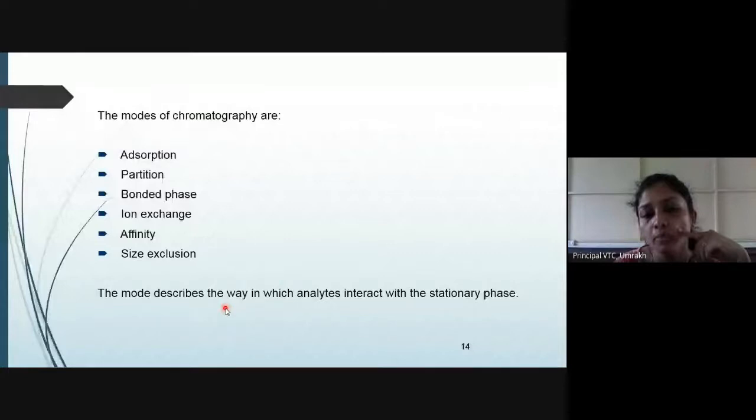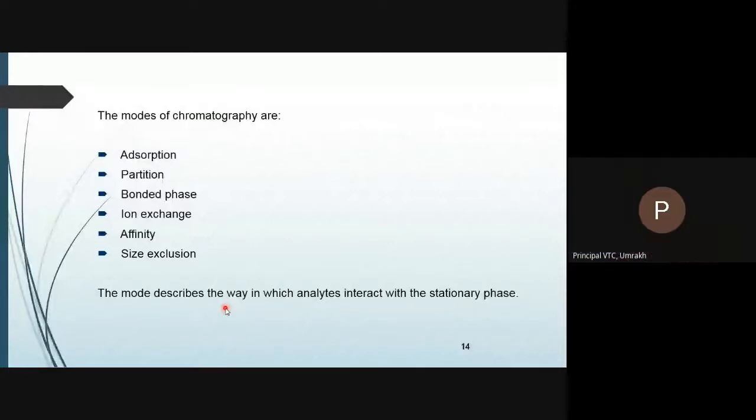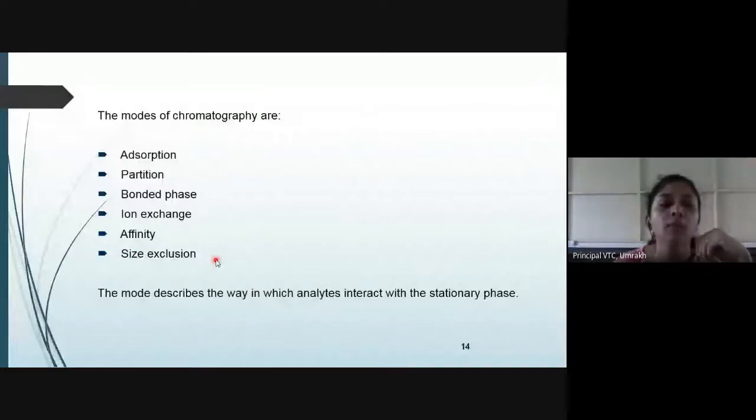The modes of chromatography are adsorption mode, partition mode, bonded phase mode, ion exchange, affinity, and size exclusion. These are the different kinds of modes used in chromatography. These modes describe the way analytes are interacting with the stationary phase.